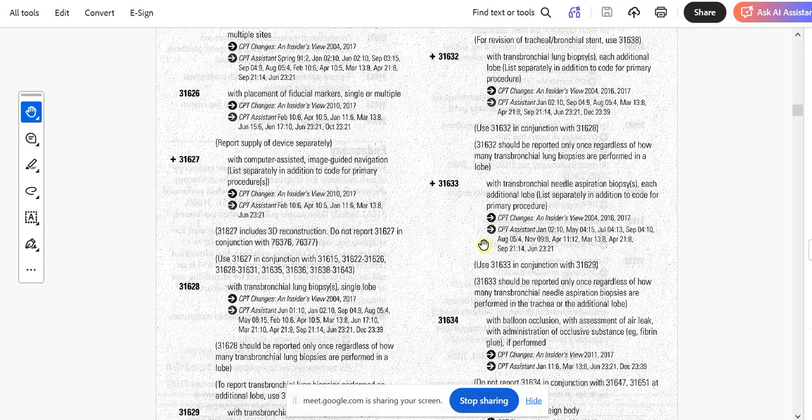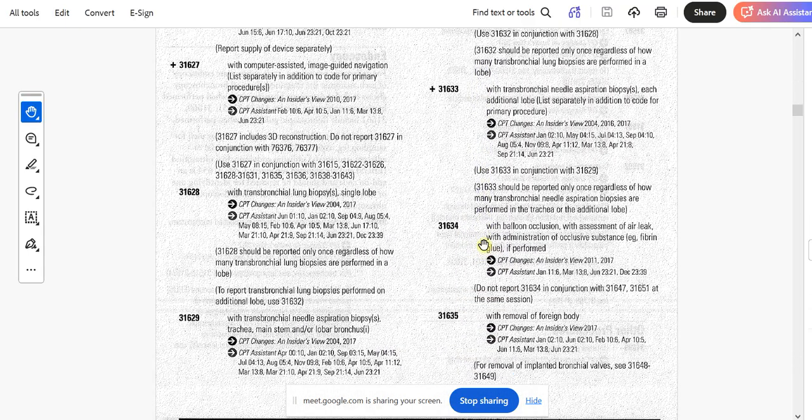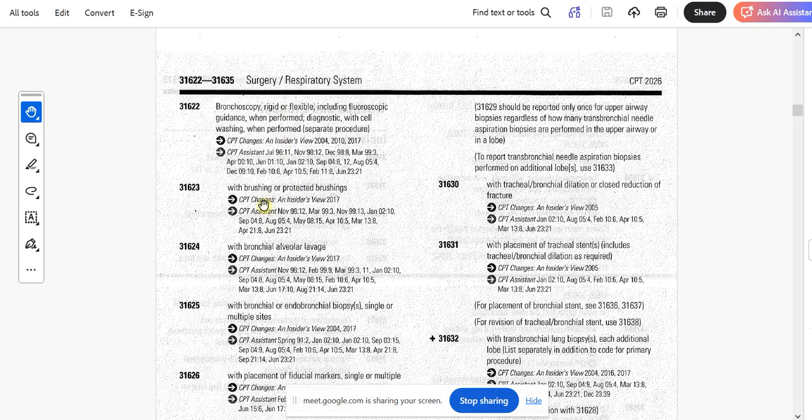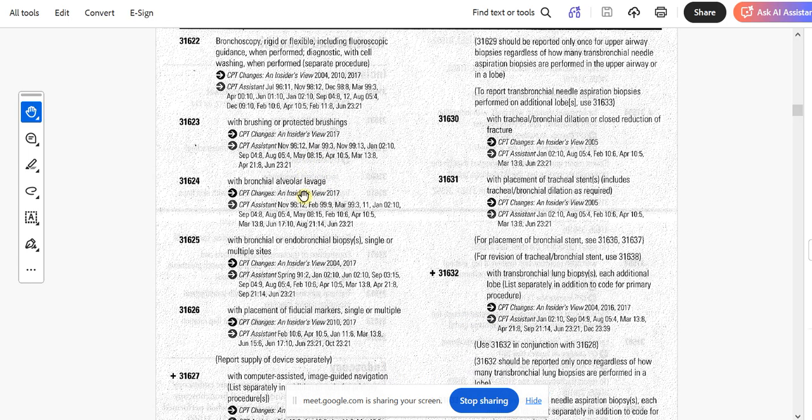The diagnostic bronchoscopy code is 31622: bronchoscopy, rigid or flexible, diagnostic with cell washing. Cell washing is included within the diagnostic. Then brushing or protected brushings, BAL, what you call bronchial alveolar lavage. If you're taking a biopsy, then this is the code 31625.